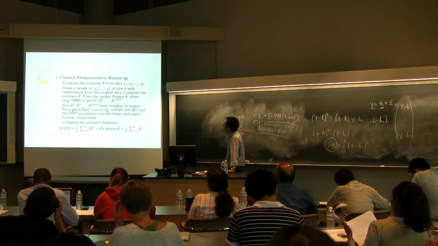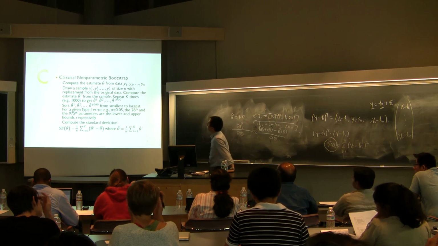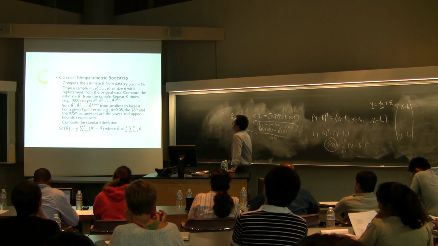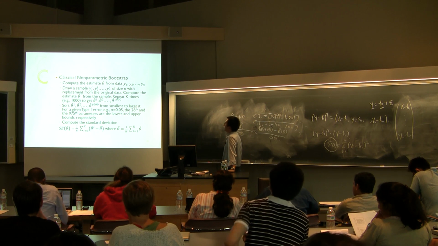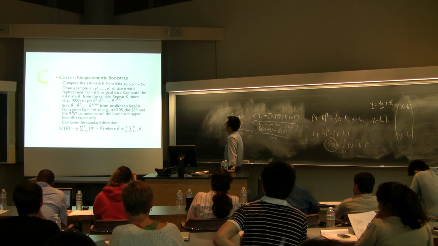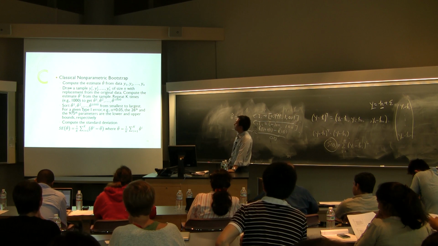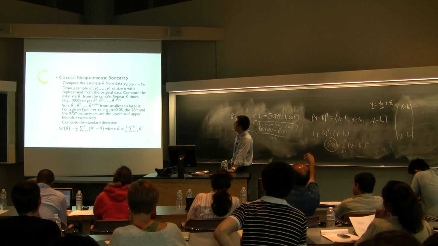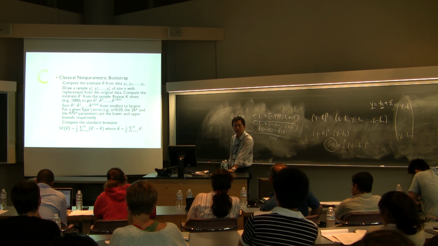Theta hat here is the estimate from the real data set. Now I draw a sample y1i, y2i, up to yni of size n with replacement from the original data. Then I compute the estimate theta hat i for the ith sample, and I repeat it, for example, 1,000 times.